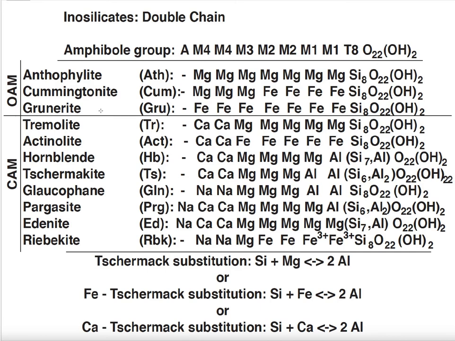So, and therefore we are replacing calcium on the M4 spaces with sodium. But now we are having the problem that sodium has only 1 electron in the outermost rim and calcium has 2. So we have to do another balance. And we are doing this balance on the M1 spaces where we are putting then 2 aluminium inside.